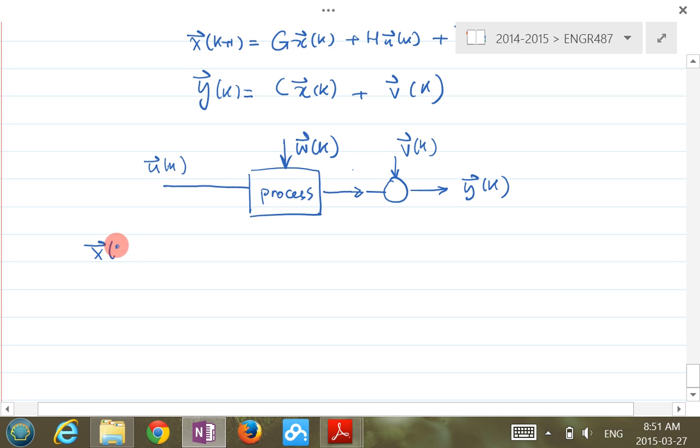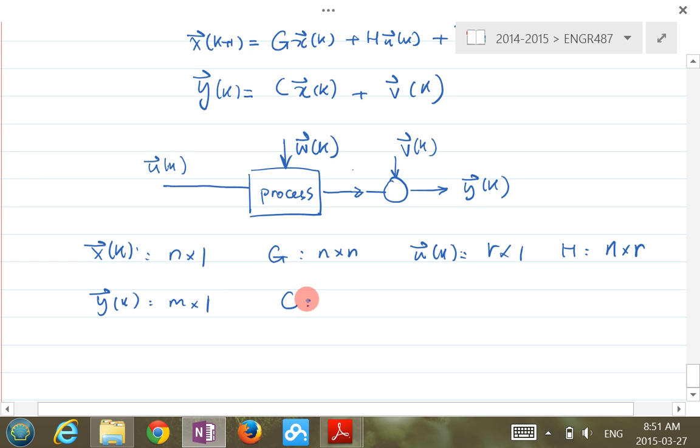So we have an n by 1 state vector here, with a system order of n. This is an n by n matrix. Let's say we have r inputs to the system. Then the H matrix becomes n by r. If we have m outputs, then the C matrix is m by n.